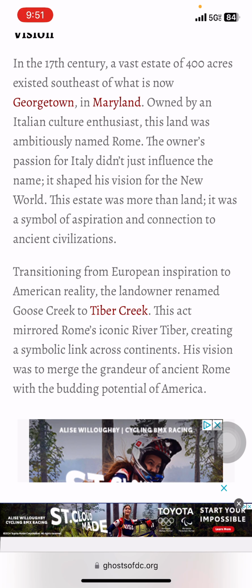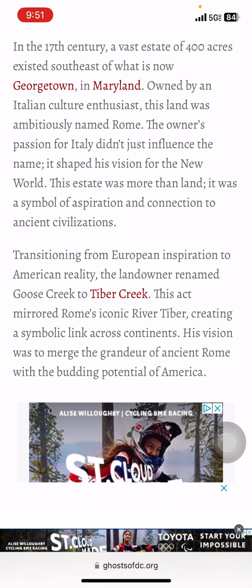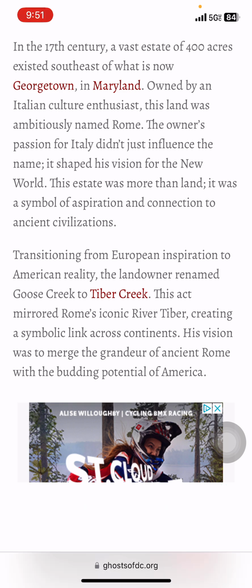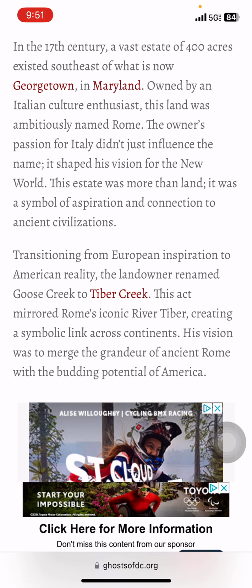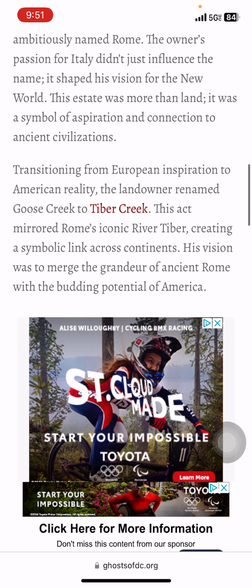Owned by an Italian culture enthusiast, this land was ambitiously named Rome. The owner's passion for Italy didn't just influence the name, it shaped his vision for the New World, which was America. This estate was more than land. It was a symbol of aspiration and connection to ancient civilizations.